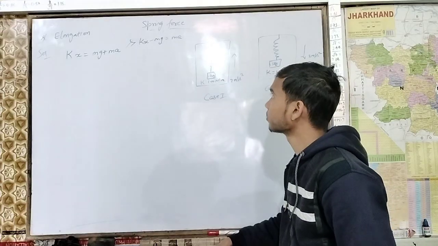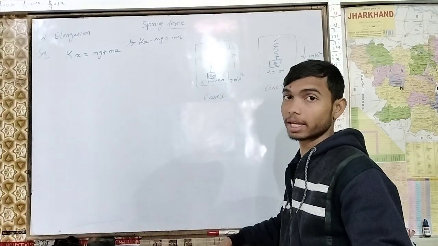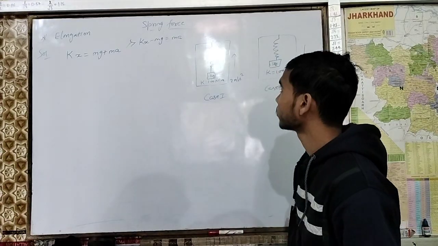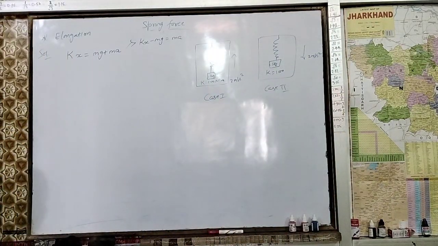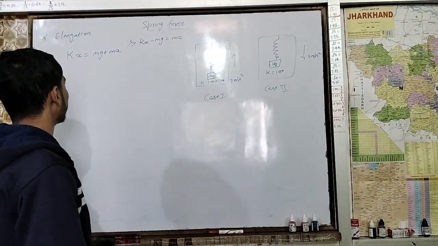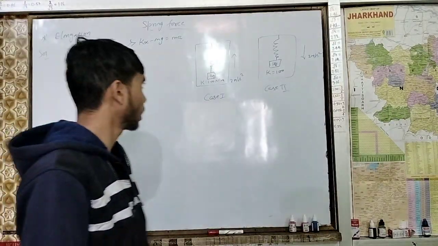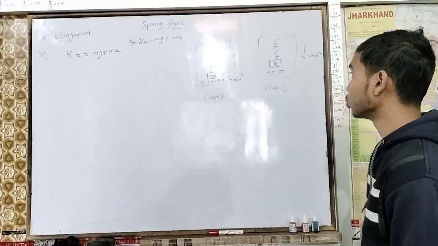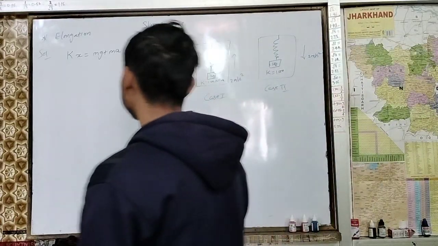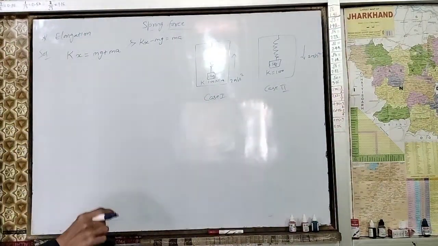Kx is a force. So mg is downward, kx is upward, according to the acceleration. Over here, k is given which is 100 and x is not given. mg is 10 and acceleration is 2, m is 1. You can find x.